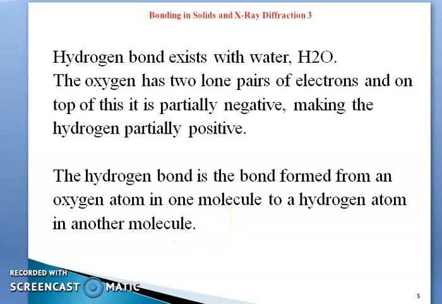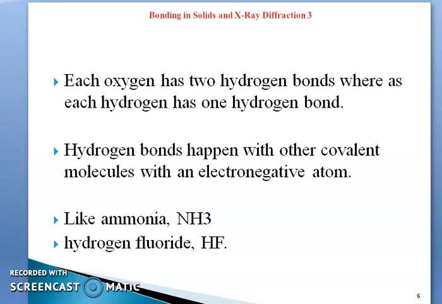Let's see the diagram so that this concept will be clear. Each oxygen has two hydrogen bonds, whereas each hydrogen has one hydrogen bond.